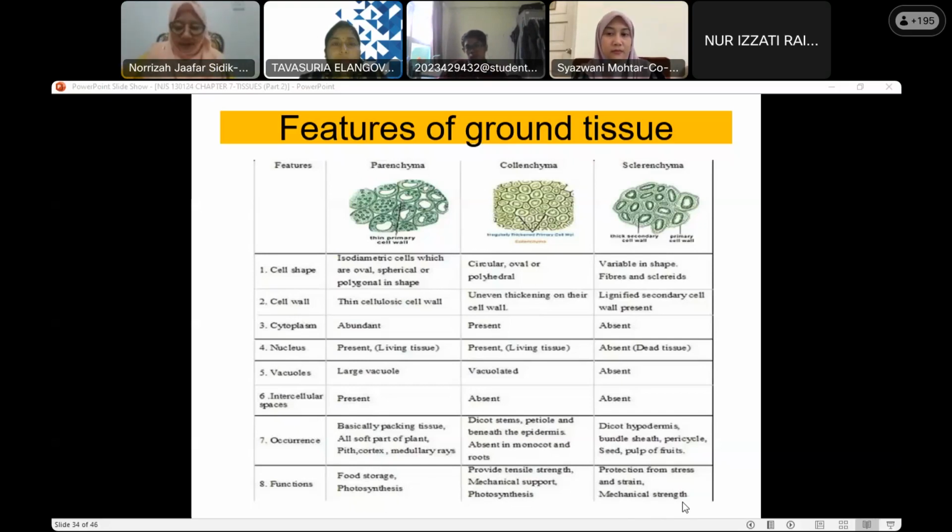Okay, so these are the differences among the ground tissues, which are the parenchyma, collenchyma, and the sclerenchyma.